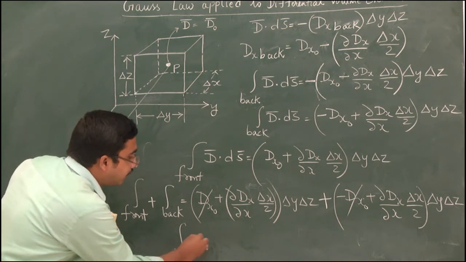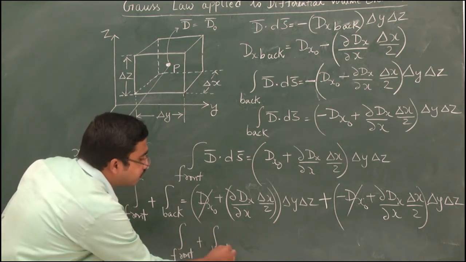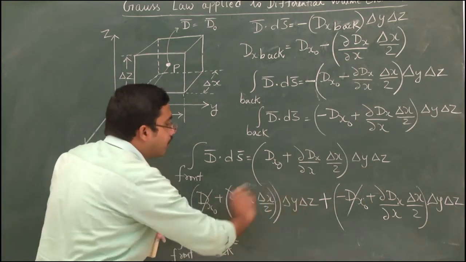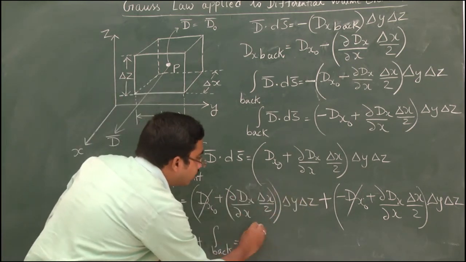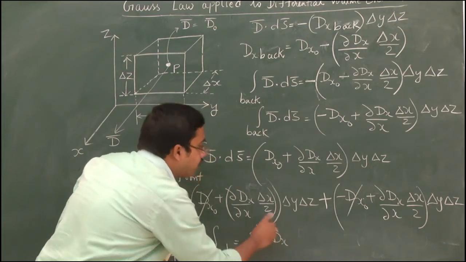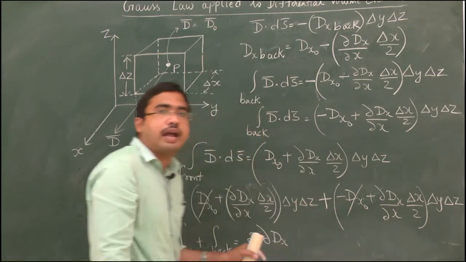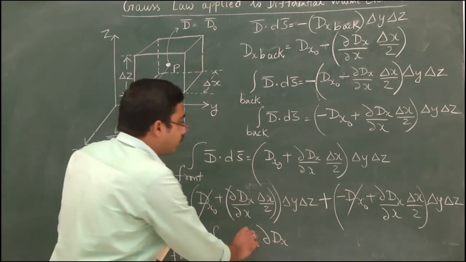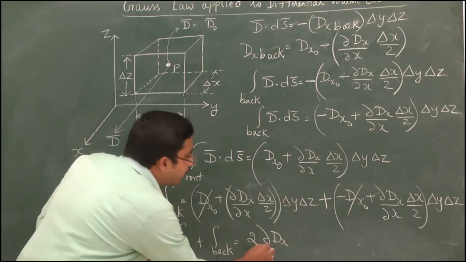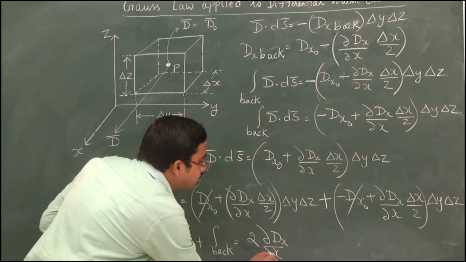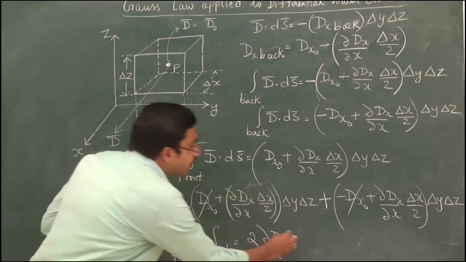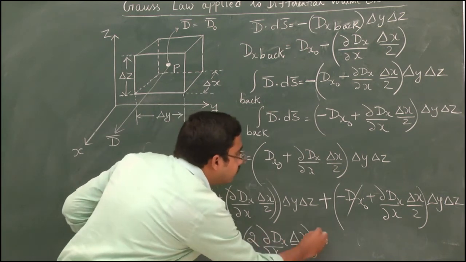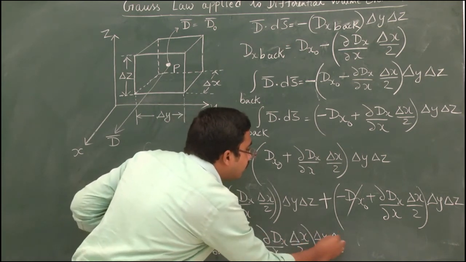Okay. Now what is the complete value of front integral plus back integral? See, add both of these, you will get 2 times ∂Dx because both are the same terms. If you are adding same terms, x plus x means 2x. So 2 ∂Dx/∂x into Δx/2 into Δy Δz.